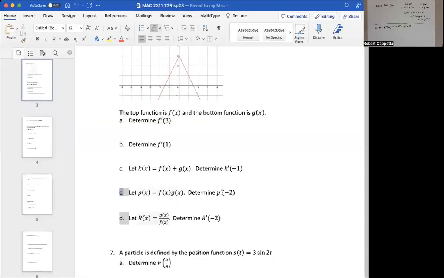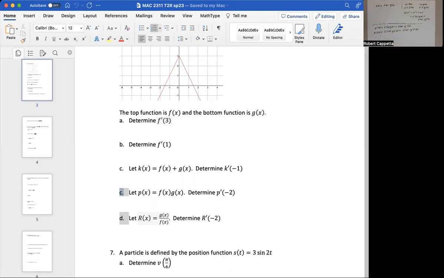It wants P prime of negative 2. P prime of negative 2 is F prime of negative 2 times G of negative 2 plus F of negative 2 times G prime of negative 2.